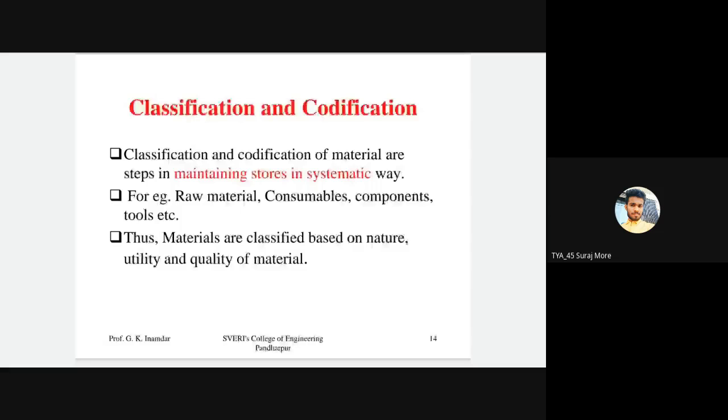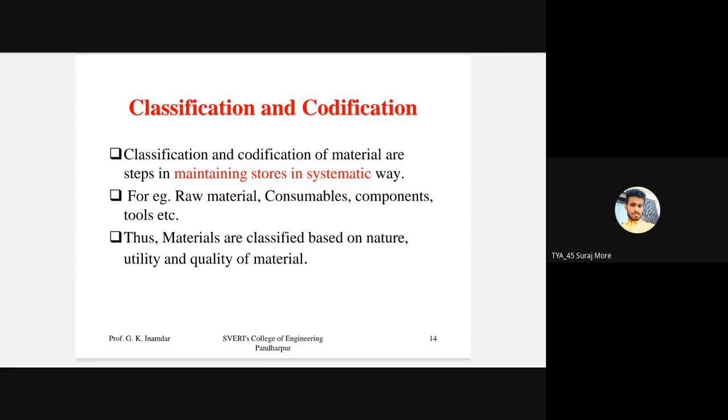To keep the record, to follow the rules and regulations, to follow the scheduling, the nomenclature is very important. For that purpose the codification part is required. Codification is nothing but nomenclature.